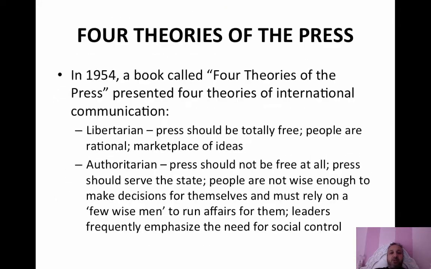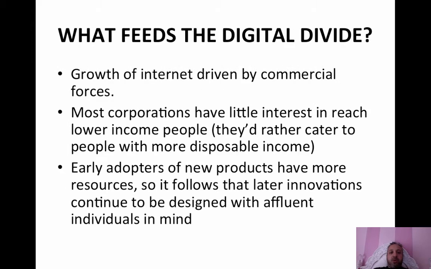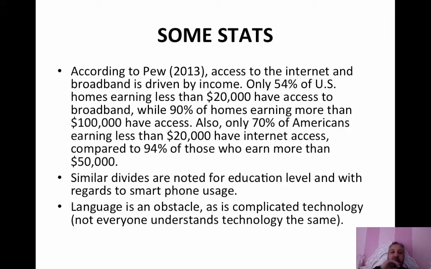Let me just look at a couple of statistics here with you, and then we'll end this lecture. According to Pew in 2013, access to the internet and broadband was driven almost exclusively by income. We think about the gaps being between the US and poor countries in Africa, but there are gaps within our own society, as I alluded to a minute ago when I talked about the inner city schools.